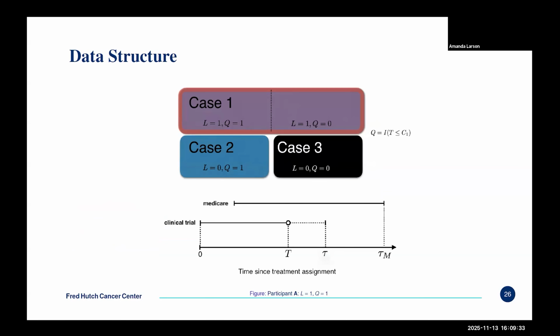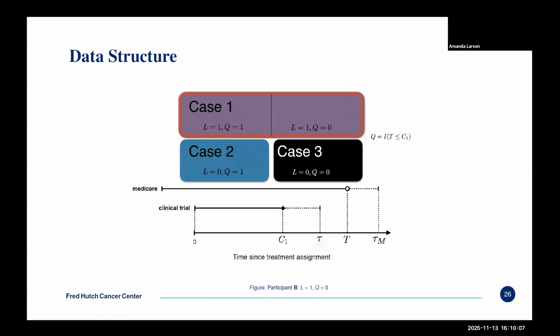These first participants are those who have events in the trial and were also later linked to the Medicare data. This case 1 is what we call complete cases, where we just look at the set of participants who have linkage data. That's the baseline method we want to compare to.